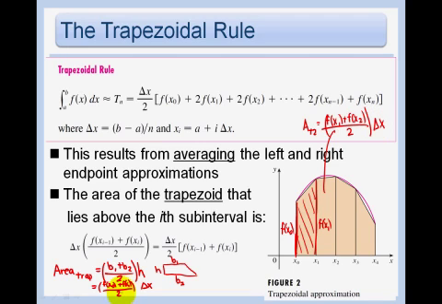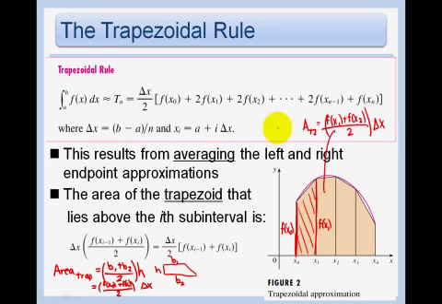And so you'll see that's how I arrive at this formula, because I'm only taking one of these since it's on the end, but this f of x sub 1 is getting counted in this trapezoid and in this trapezoid.